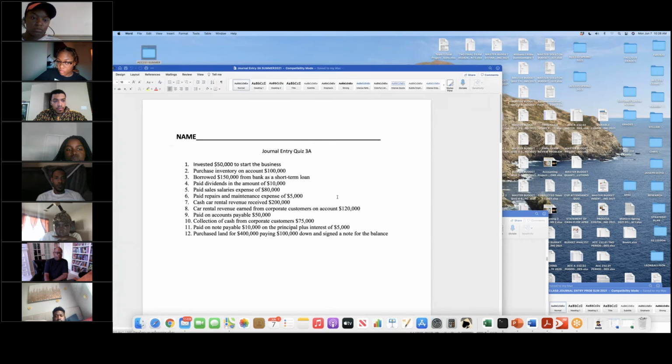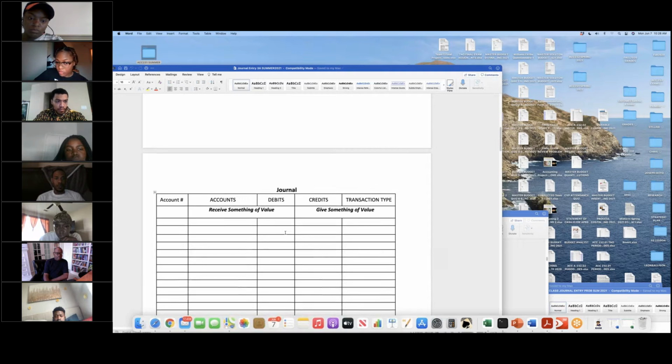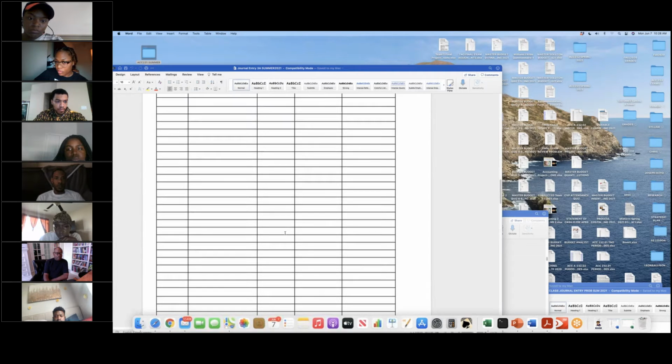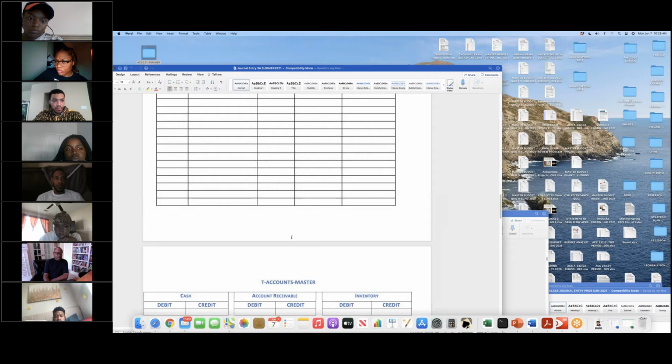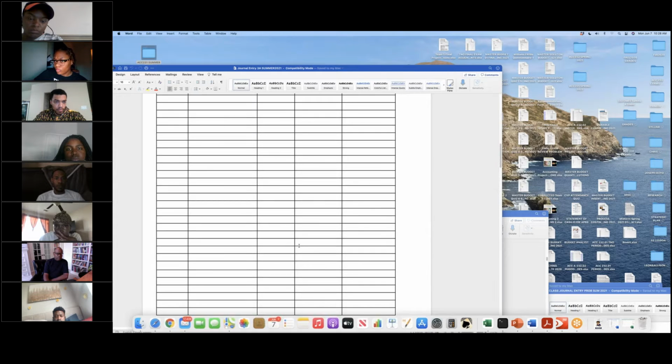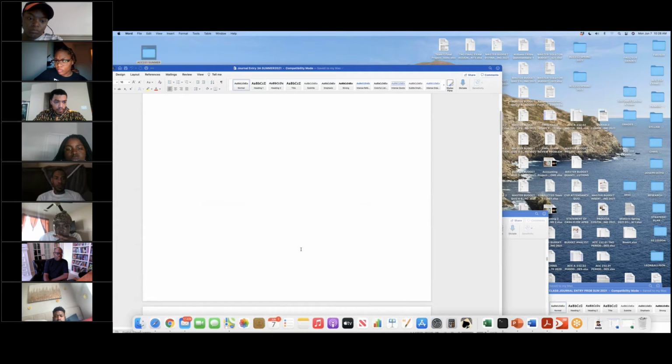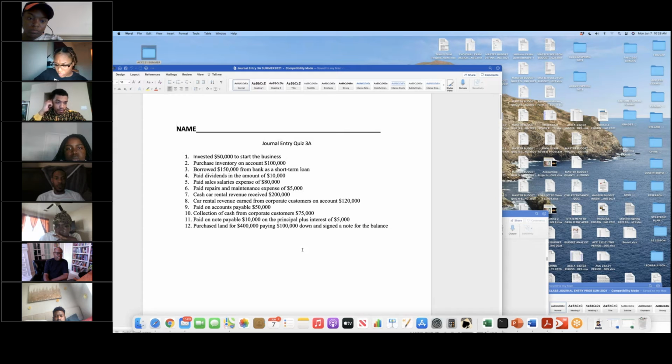Okay. So I'm going to give you all 20 minutes to make these journal entries in 3A, post them to the ledger, and then do a trial balance. We'll come back and look at it. But this is something that you have to do.